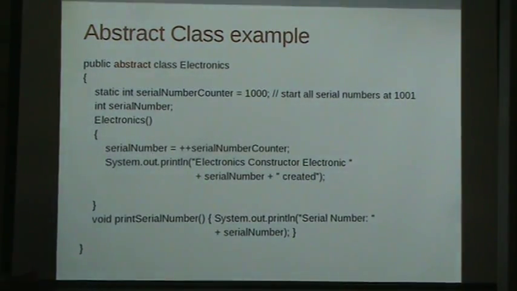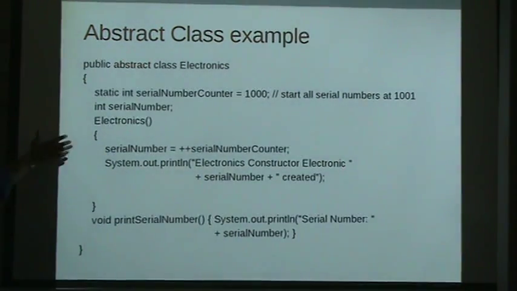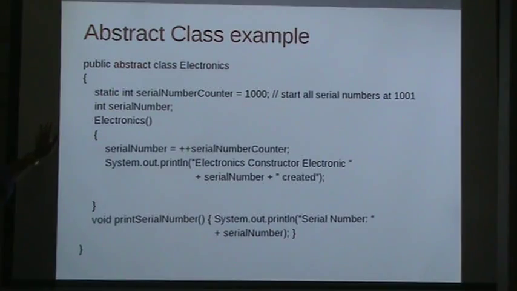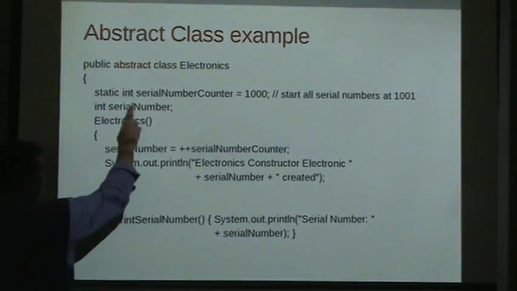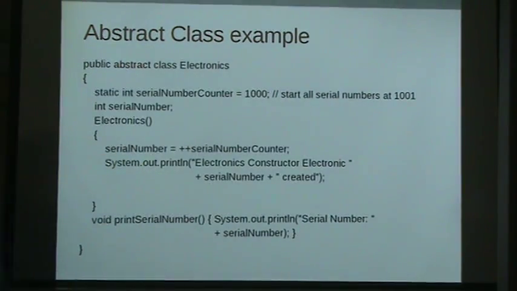And then we could have other methods like print out the serial number. So now this class can be used to inherit, other classes can inherit from this. And therefore every object will have the serial number counter and its own serial number and a constructor for it. And this is how we're going to have all our electronic products have something in common.